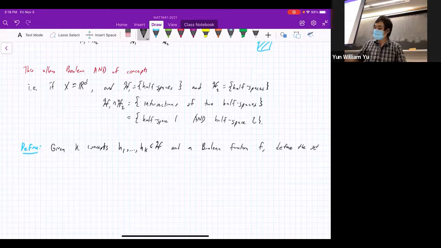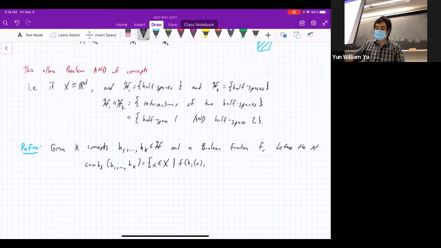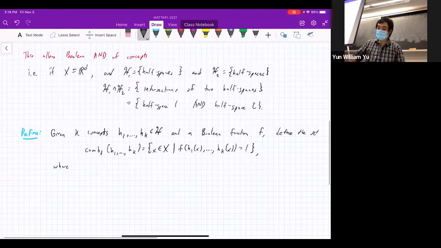We're going to define the set comb, for combine, of f, h1 through hk as equal to the set of x in X such that f of h1 of x through hk of x is equal to 1, where we're defining this concept as a function, as basically an indicator variable.